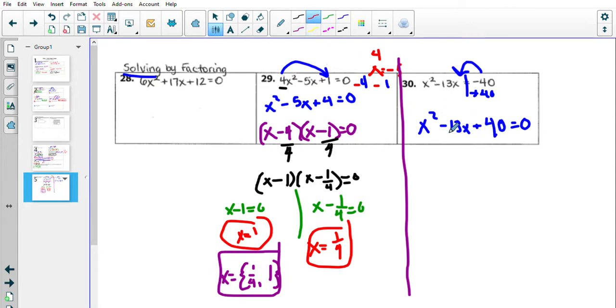Okay? So we have it set equal to 0, so we look at our factoring. And we say, all right, what two numbers multiply to get 40 and add to get -13? Because it's a basic trinomial. So I'm looking for the two numbers that multiply to 40, but add to -13. Now 40, you could think of 40 and 1, that doesn't work. 20 and 2, that doesn't work. 4 and 10, that's closer, but still doesn't work.